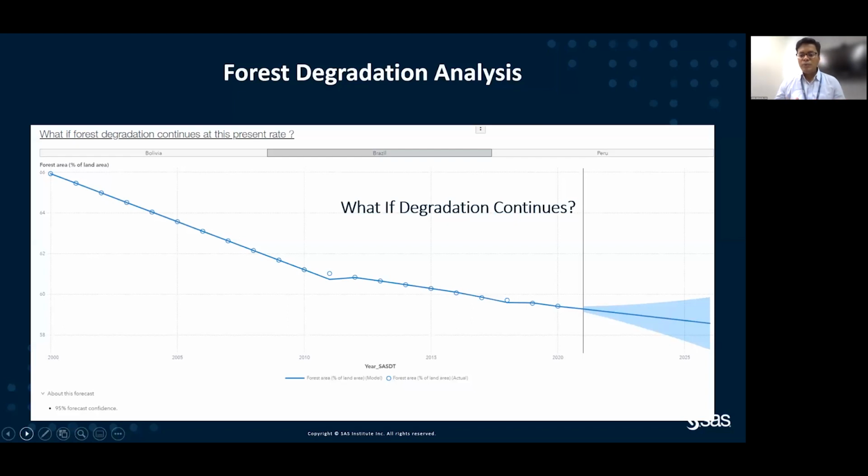So almost we are going to lose 2% of the forest land. That is a huge amount of loss. It's shown here for Brazil, but we have also analyzed this for Bolivia and Peru. So going to the next slide.